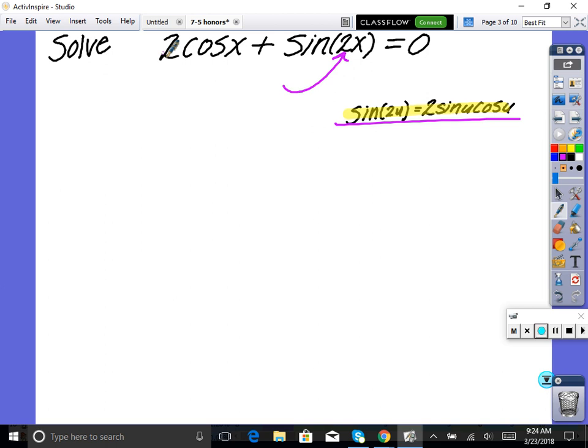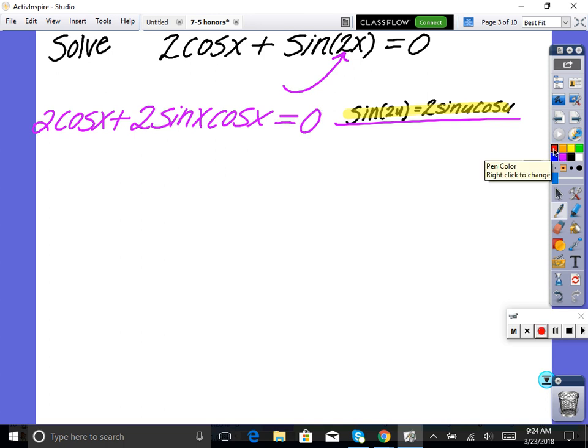So we would say we still have a 2 cosine of x. And then this became plus 2 sine of x cosine of x, because that was the identity. Do you see it? And that's equal to 0. And now you could look at it and say, what can I do to solve this? What should I do?